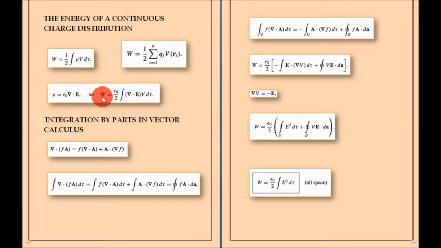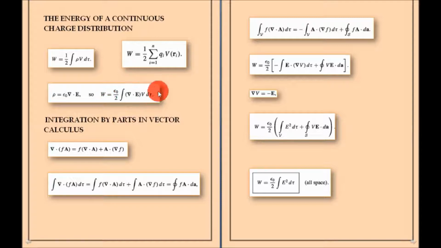So W will become epsilon naught by 2 integration of divergence of E times V dV. Please remember that here V is potential and not volume.